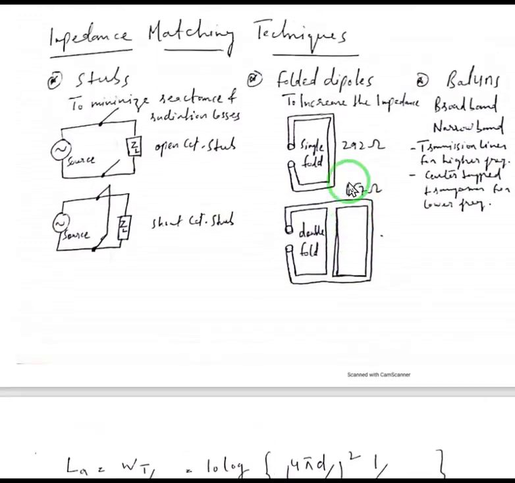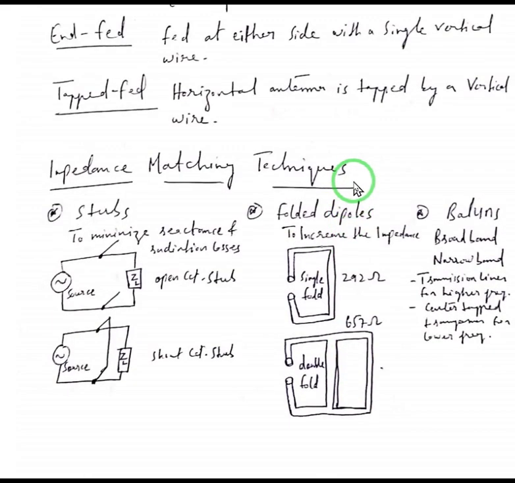The third, foremost and most important, which is used extensively for impedance matching, is called balanced unbalanced, abbreviated as balun. It is used for broadband and narrowband antennas.